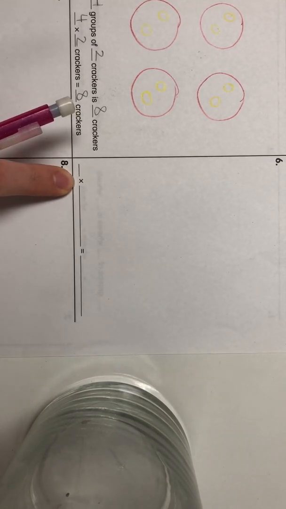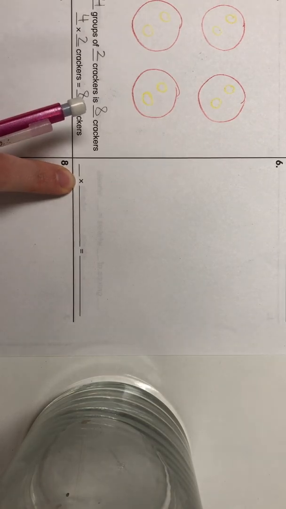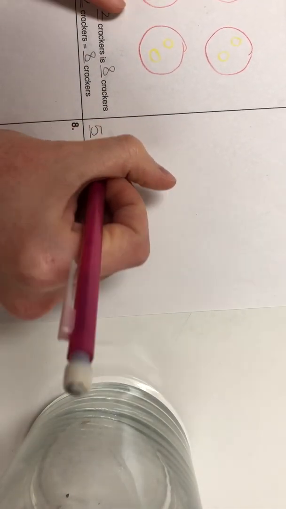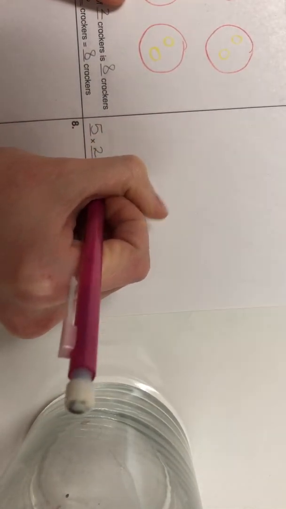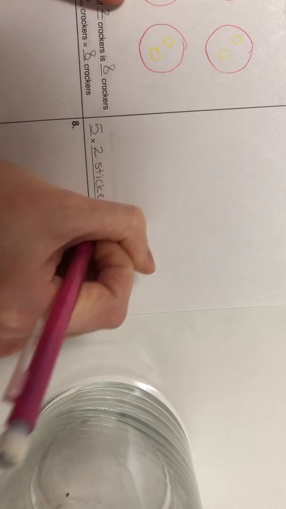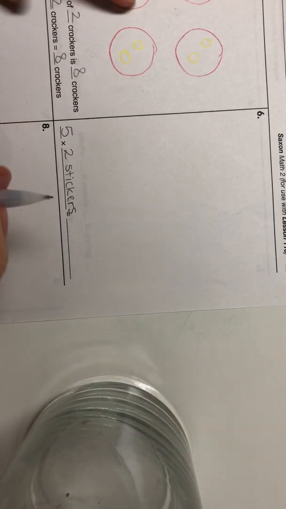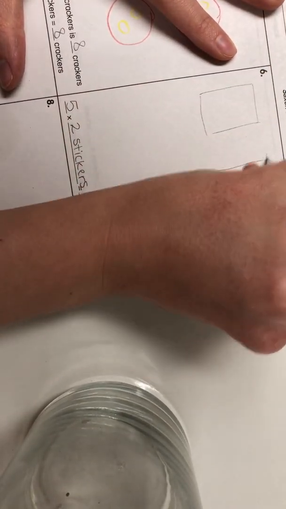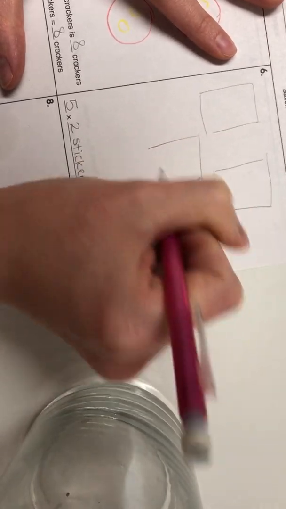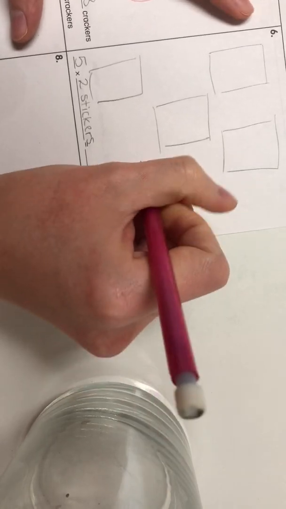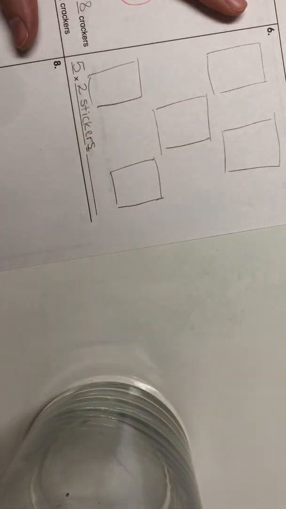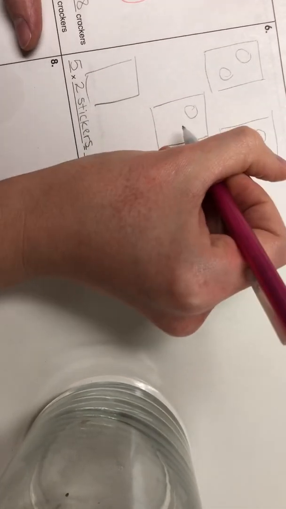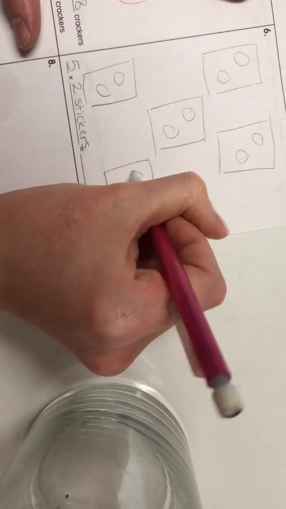So for 6, we are going to draw 5 groups, and each one is going to have 2 stickers. And don't forget to label, so we have stickers. 1, 2, 3, 4, 5, and then each one's going to have 2 inside. 1, 2, 1, 2, 1, 2, 1, 2, 1, 2.